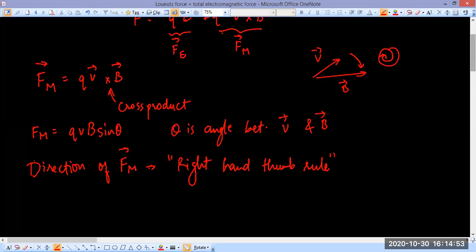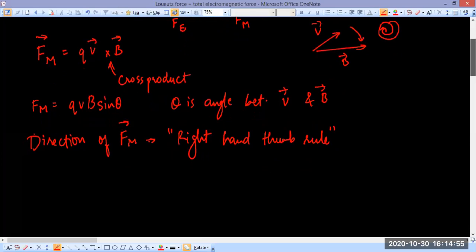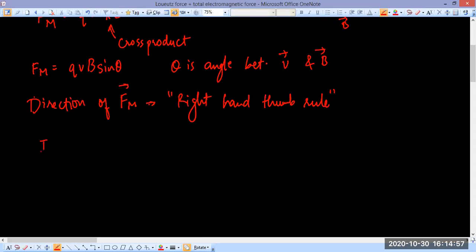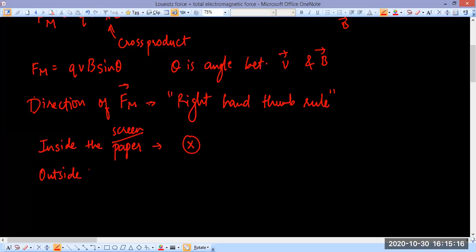તો હવે એના માટે બે સિમ્બોલ છે, બહુ ઇમ્પોર્ટન્ટ સિમ્બોલ. Inside the paper એટલે cross, okay, and outside the paper એટલે આમાં screen. Here in this year's version it is screen, right?